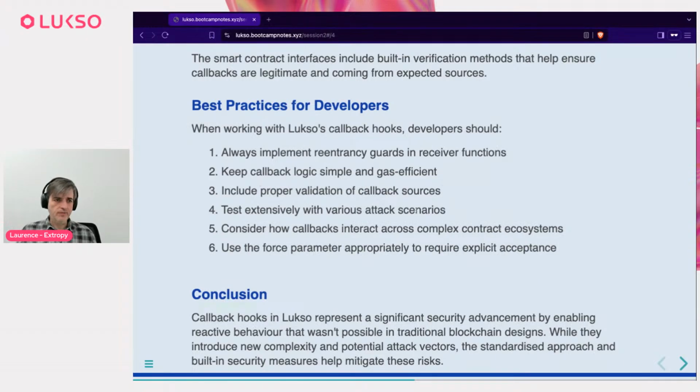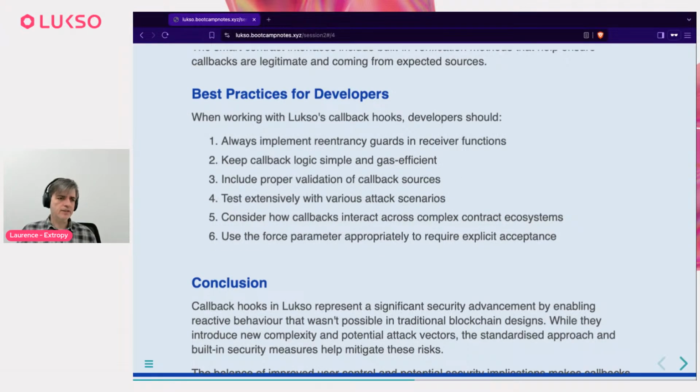Do proper validation and test extensively. I'll come on to this a little bit more later, actually. I'll talk a little bit more about testing. But be aware that, certainly when you're testing, the ecosystems we have now within blockchains, particularly within DeFi, have this move or motivation and desire to put a lot of things together, and the ecosystems that are built up can become quite complex.